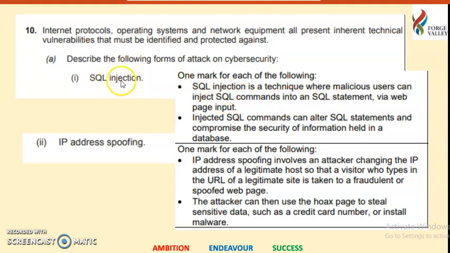They're injecting an extra line of SQL to change the information or to compromise the security. IP spoofing, they're changing the IP address of a host site so that when a visitor types in the website they want to go to, they're taken to a fraudulent or a spoofed web page. So it's about using a fake page to steal data.